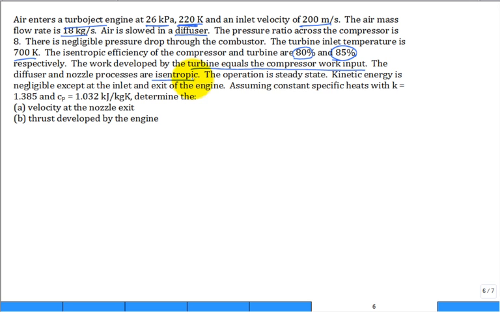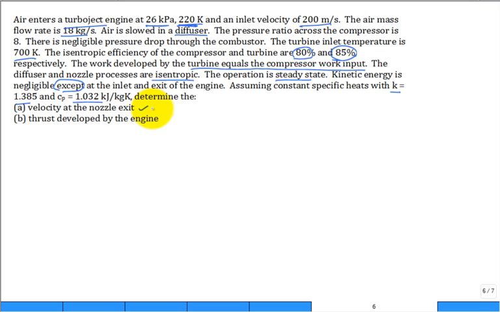The operation is steady state. Kinetic energy is negligible except at the inlet and the exit of the engine. There, the kinetic energy is appreciable, not negligible. You assume constant specific heats with this value of K and that value of C sub P. And now go ahead and make some calculations.